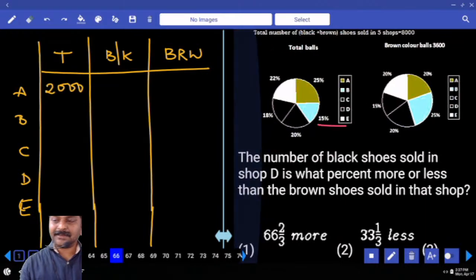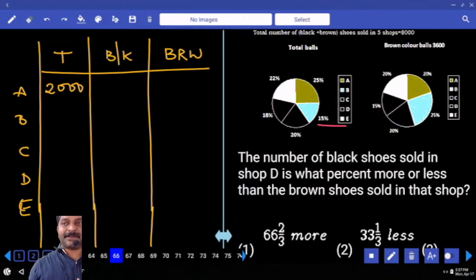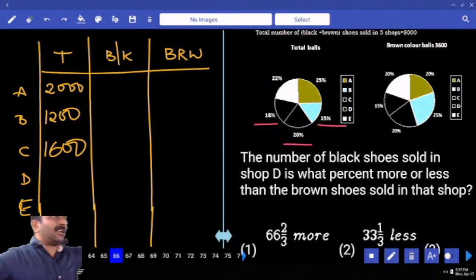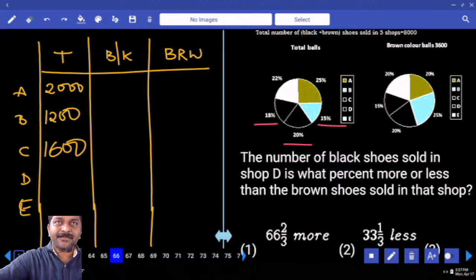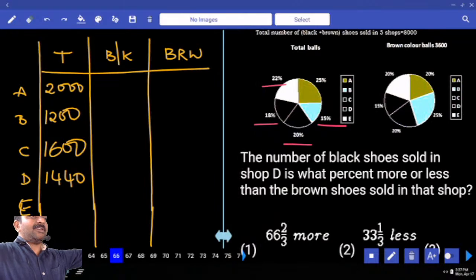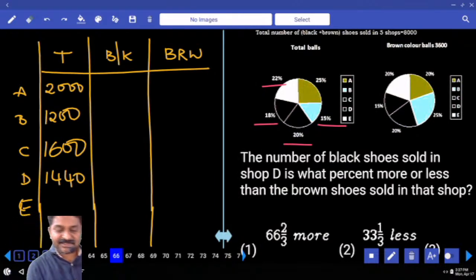Next 15%: 10% plus 5%, 800 plus 400. 20% of 8,000 is 1,600. 18% is 20% minus 2%. 20% we just calculated, 1,600. 2% is 160. Subtract 160: 1,440. Next 22%. Instead of subtraction, in the previous case, we need to add now: 1600 plus 160.